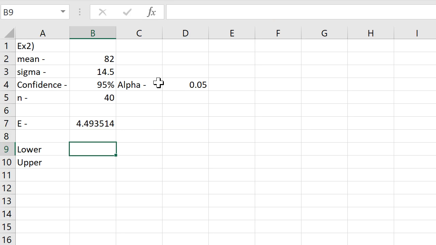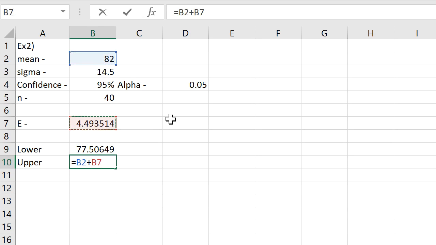So to find our actual interval now, we're just going to do equals the mean minus E for our lower, and then equals the mean plus E for our upper.